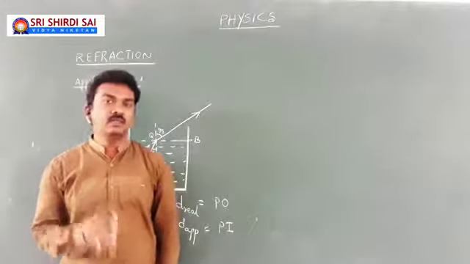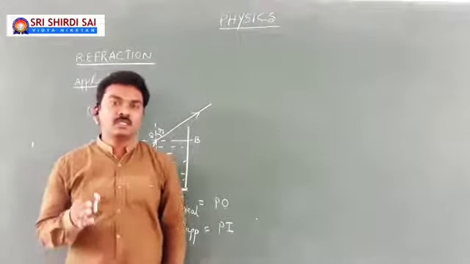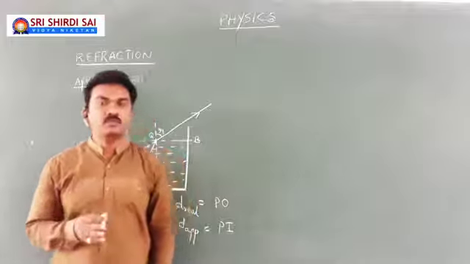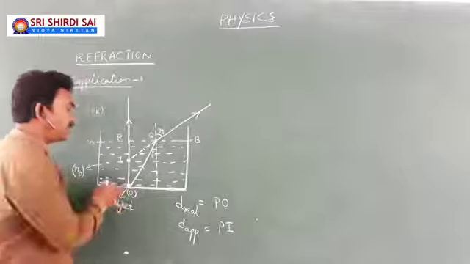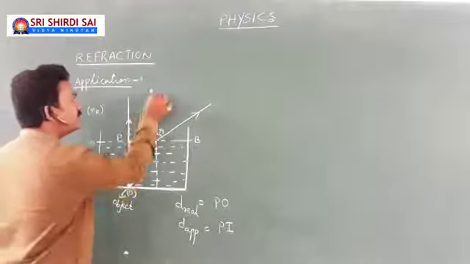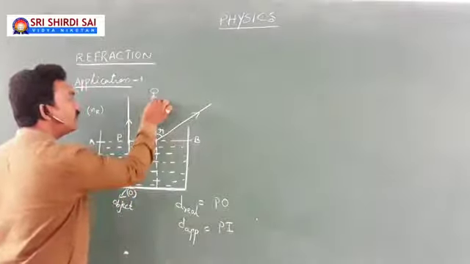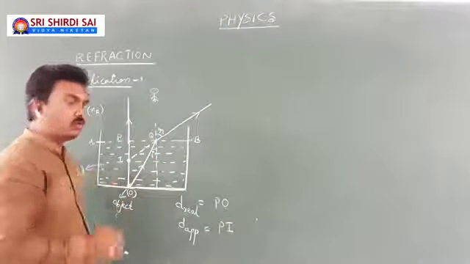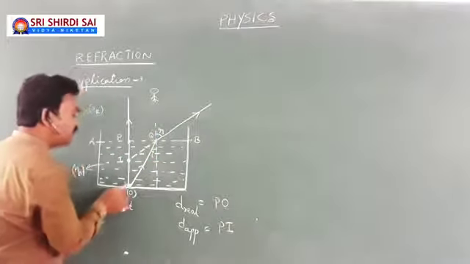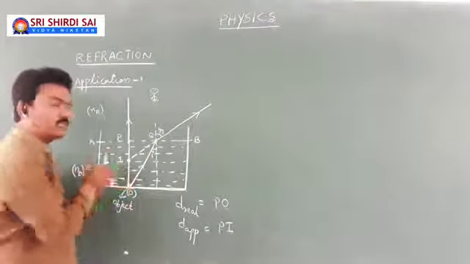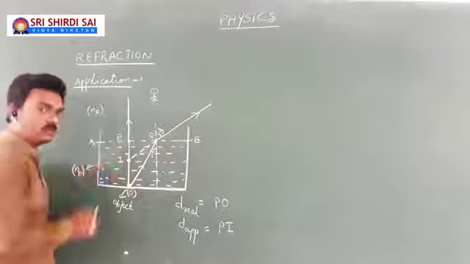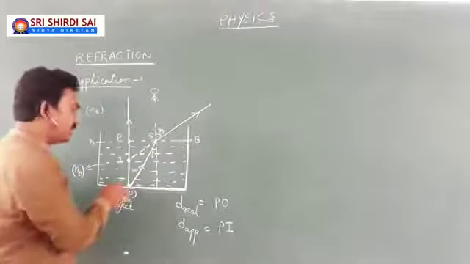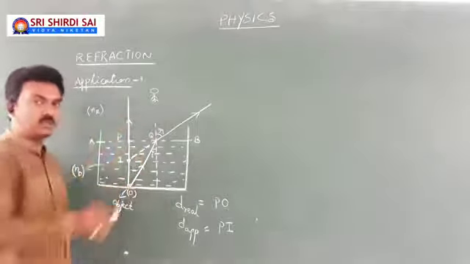While dealing with the first application, which is the apparent position of image, you have learnt that if an object is in denser medium and the observer is in rarer medium going for a normal view, then the observer finds a shift in the position of the object so that the image appears close to the interface. Provided the object is in denser medium and the observer is in rarer medium.